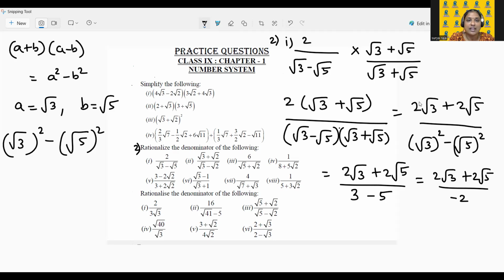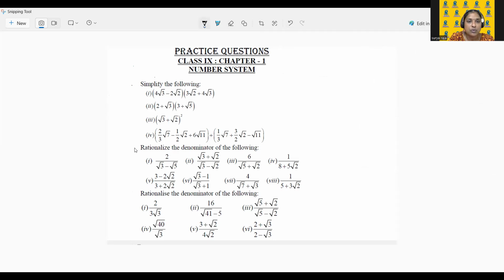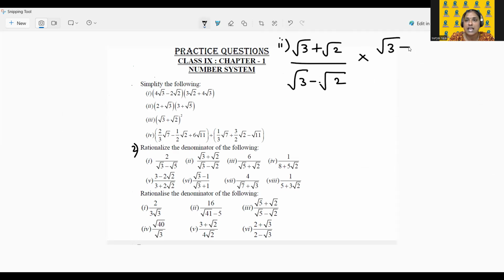Okay. Let me do the second one. In number 2, I'm going to show you square root of 3 plus square root of 2 over square root of 3 minus square root of 2. So just multiply the numerator and denominator by the same term after changing the sign.